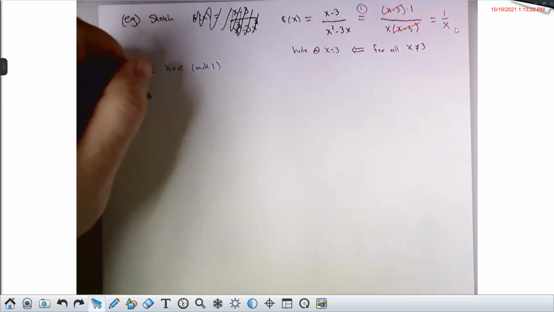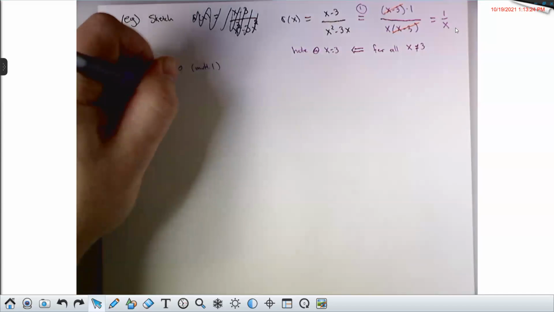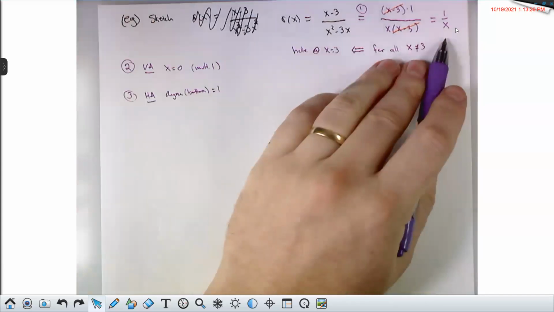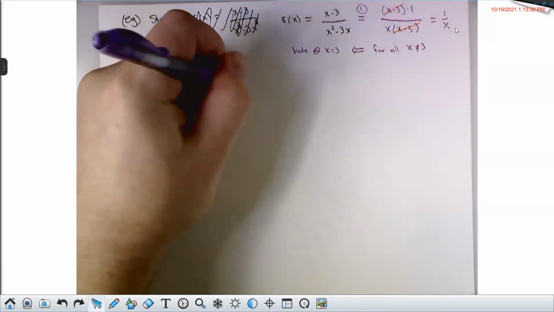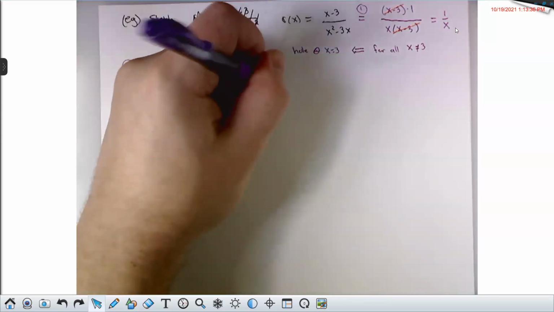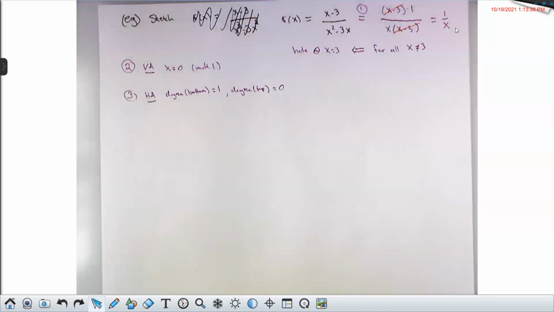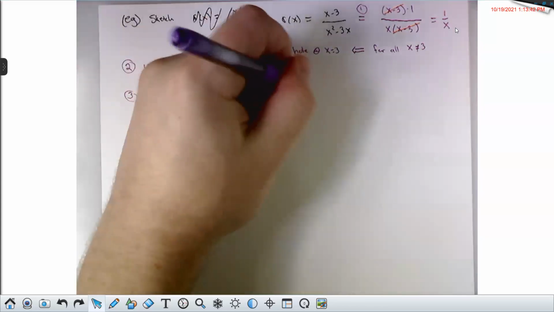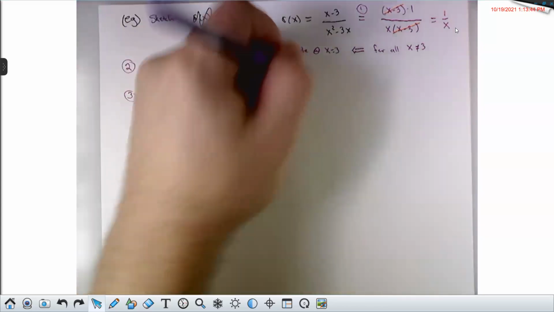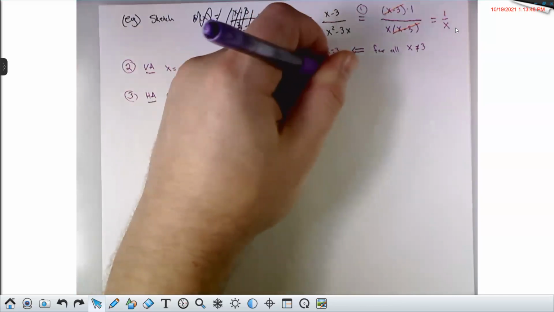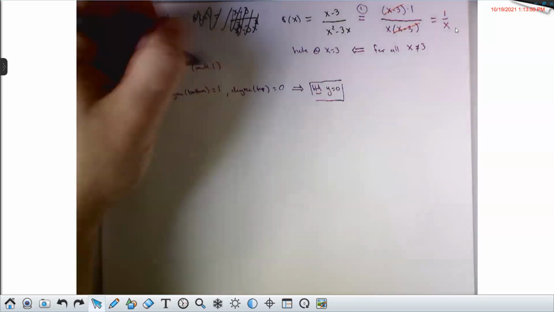Horizontal asymptote: here the degree of the bottom is 1, x, and the degree of the top is 0, right? 1 is a degree 0 polynomial. Since the degree of the top is smaller than the degree of the bottom, our HA is the line y equals 0. So we've got our asymptotes.